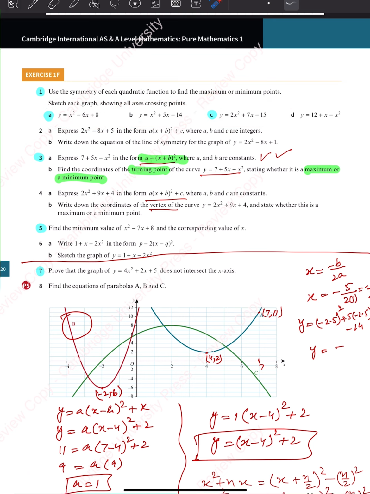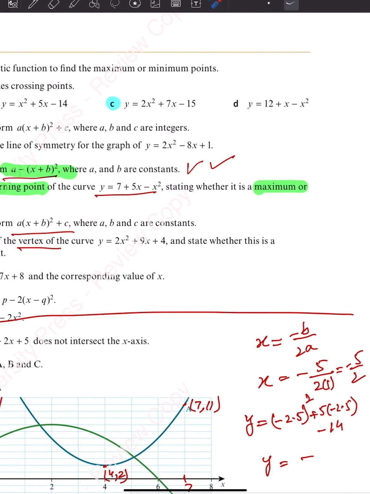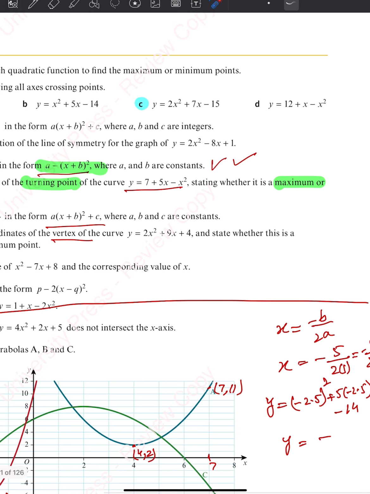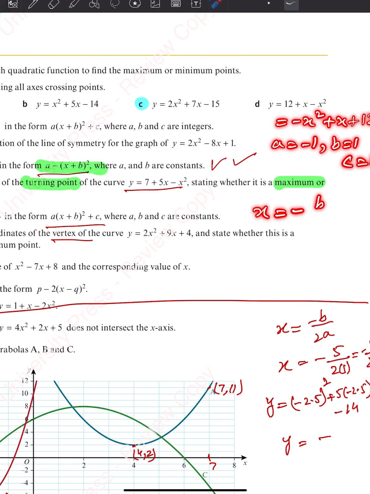In this question, y is equal to 12 minus x². So you can change it to minus x² plus x plus 12. So a is equal to minus 1, b is equal to 1, c is equal to 12. So x is equal to minus b over 2a. So you can find the x coordinate, that is minus 1 over 2 into minus 1.